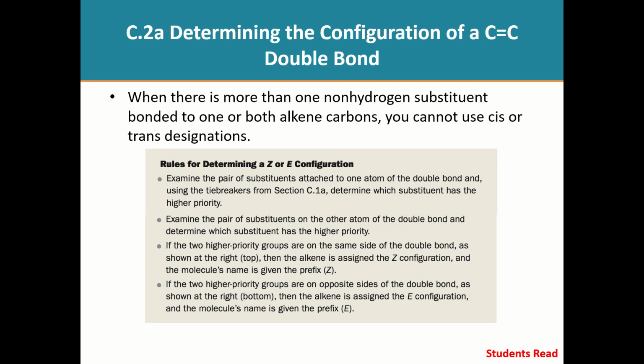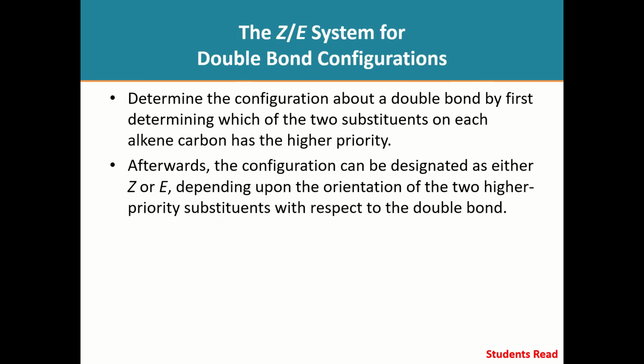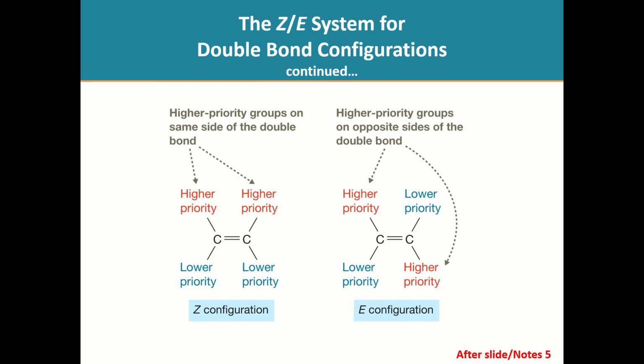And here's the rules on how to designate if an alkene is E or Z. Well, let's just show you, okay? So what you do is you look at an alkene, okay? And you split it in half again like I've said, okay?